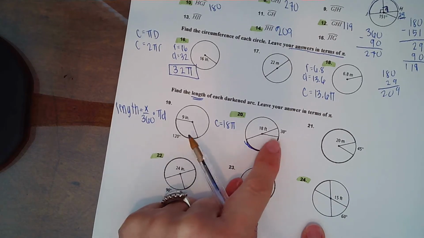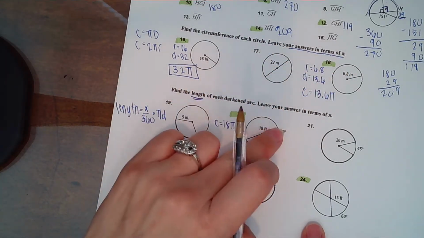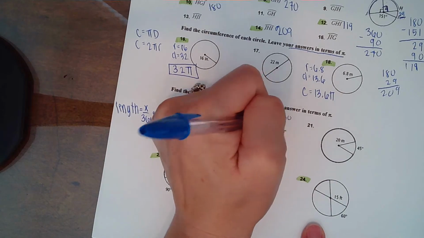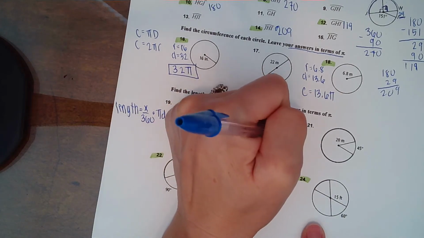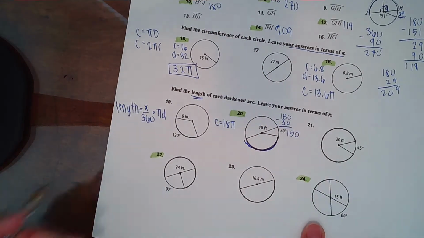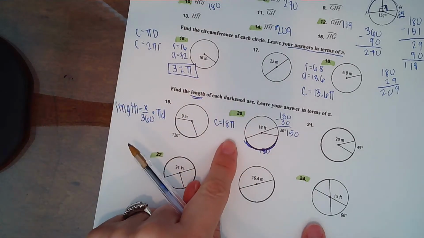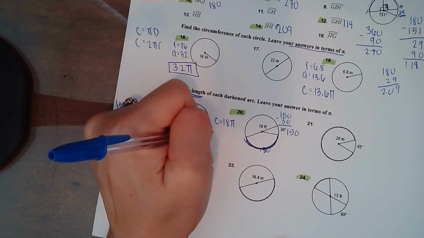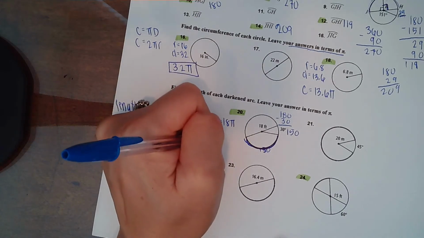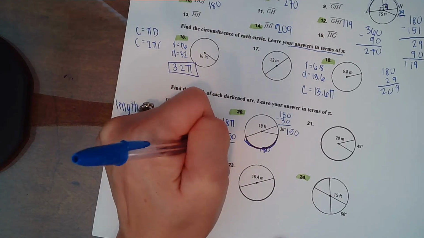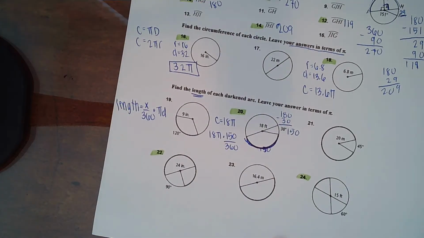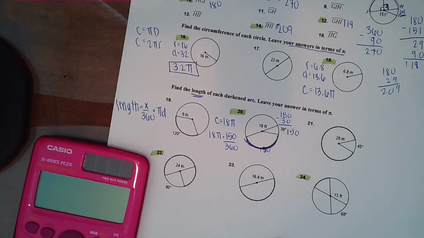And this piece right here, well, this is a semicircle, right? So do 180 minus that 30, I'll know that this piece right here is equal to 150. So 150, which means I'm going to do 18 pi times 150 over 360. And I'll plug that into my calculator.